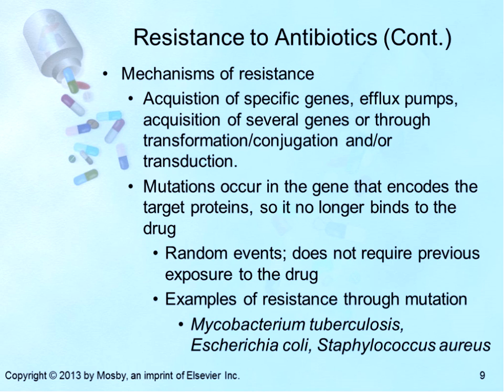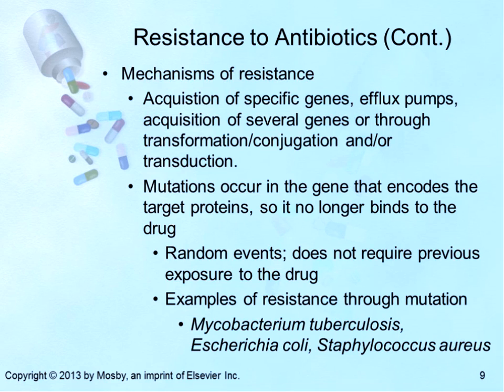Bacteria can acquire several genes capable of eliminating the antimicrobial binding site during synthesis of the bacterial cell wall. Mutations can occur in the gene that encodes the target protein so that it can no longer bind to the drug. These are random events that confer a selective advantage for the bacteria, and this mechanism does not require exposure to a particular drug.